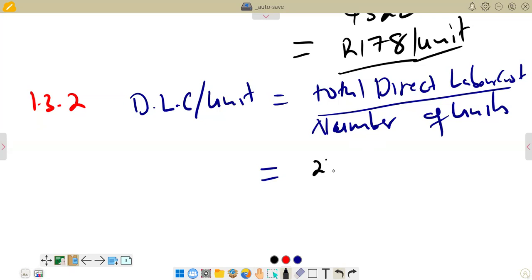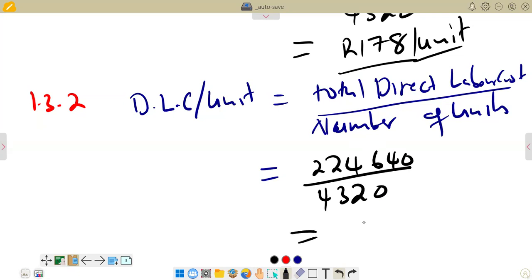By that, you're supposed to get 52 rands. So this is the direct labor cost per unit. Then we can go back and see the next question.